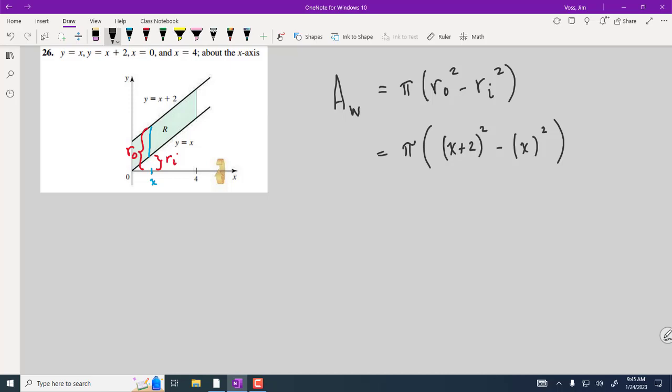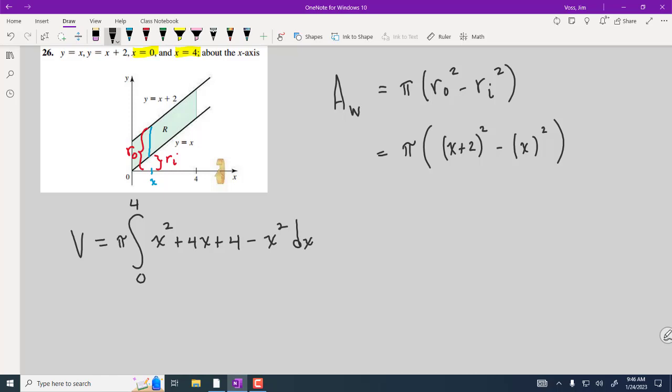That tells us our volume will be the integral. Pi can factor to the front, so pi times the integral of, we'll square this out, and they give us our limits of integration. They tell us that we're going to go from 0 to 4. So no mystery there.